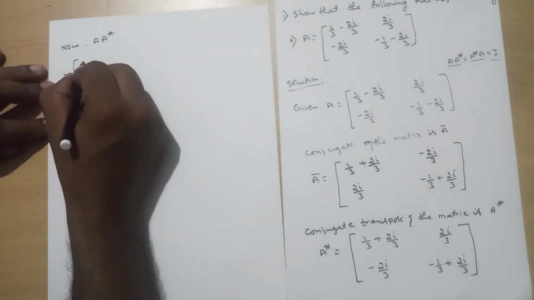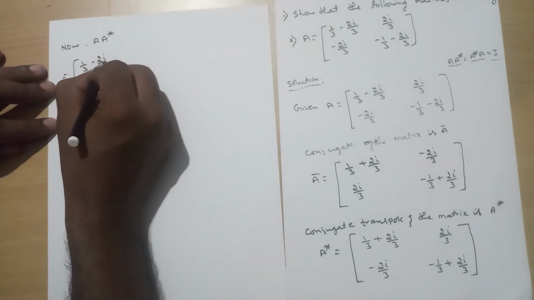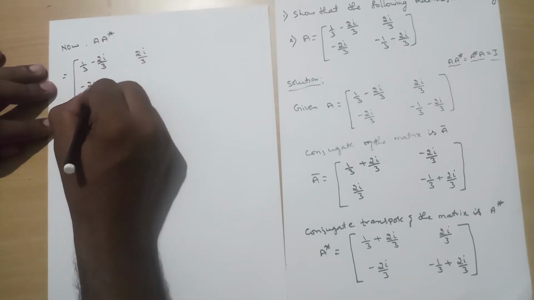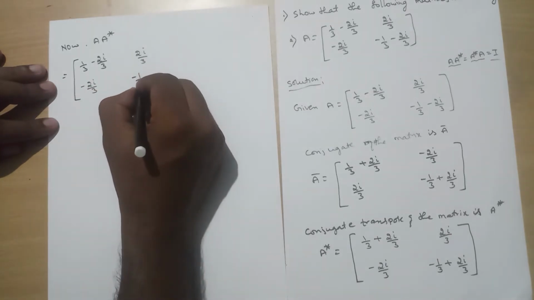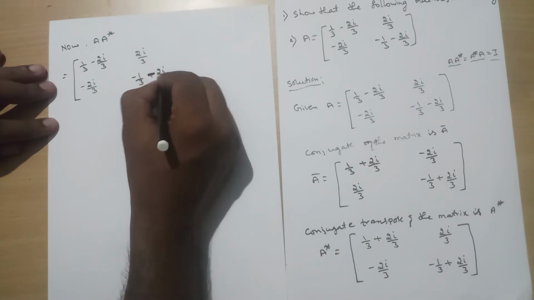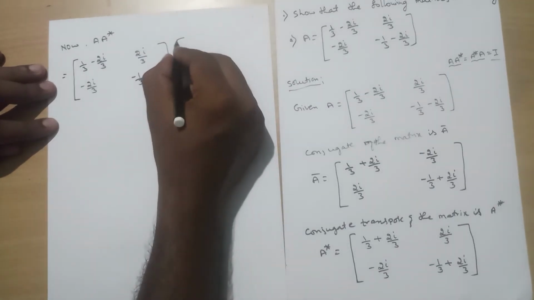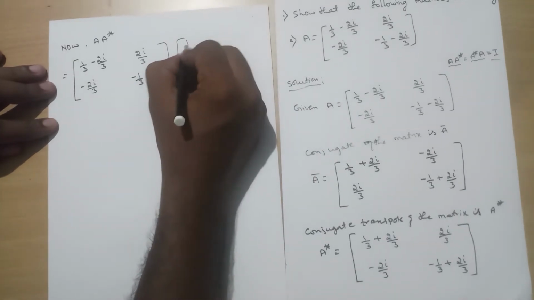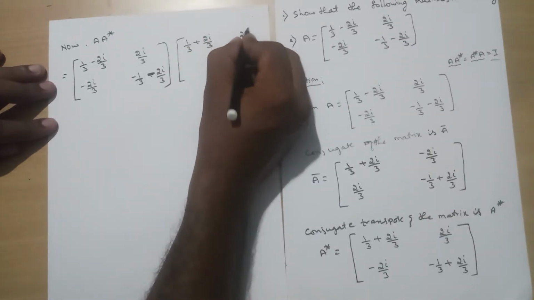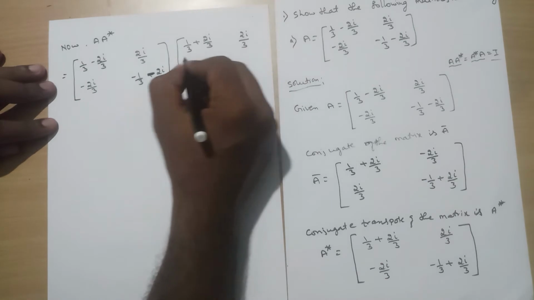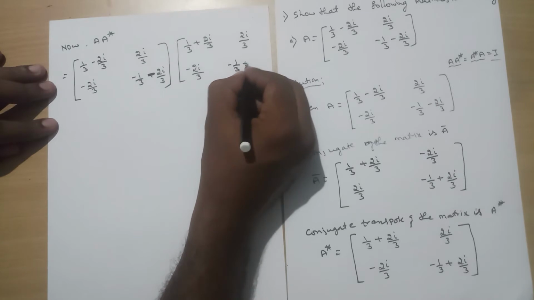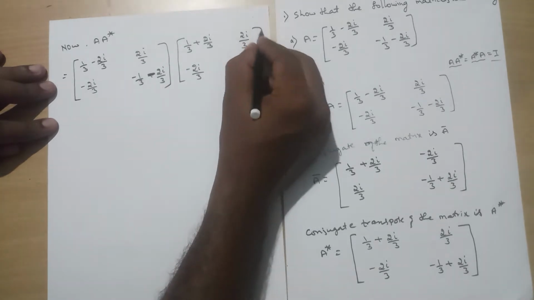A matrix is 1 by 3 minus 2i by 3 and here 2i by 3 minus 2i by 3, minus 1 by 3 minus 2i by 3, and here A star matrix is 1 by 3 plus 2i by 3, 2i by 3 and here minus 2i by 3, minus 1 by 3 plus 2i by 3.